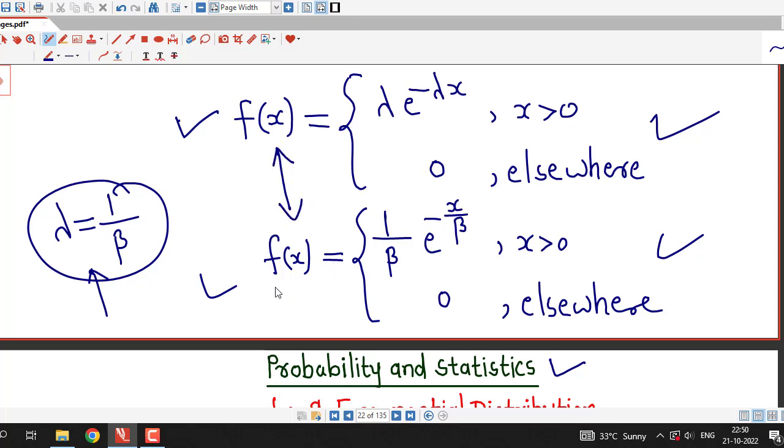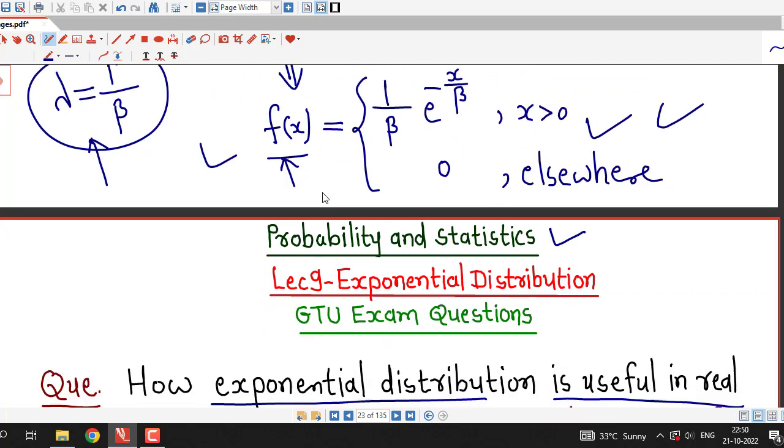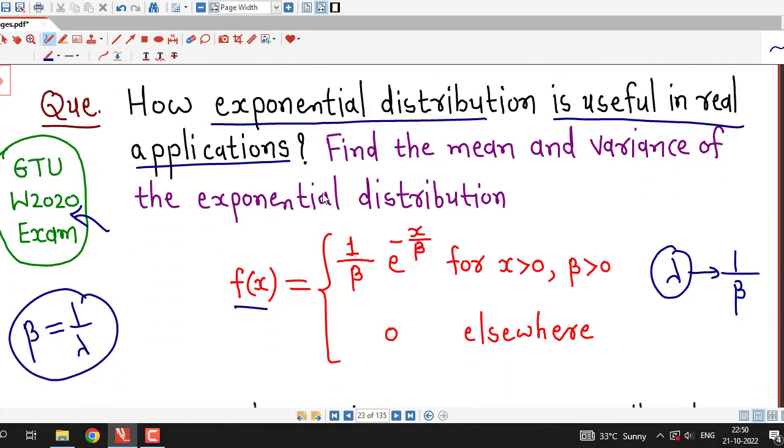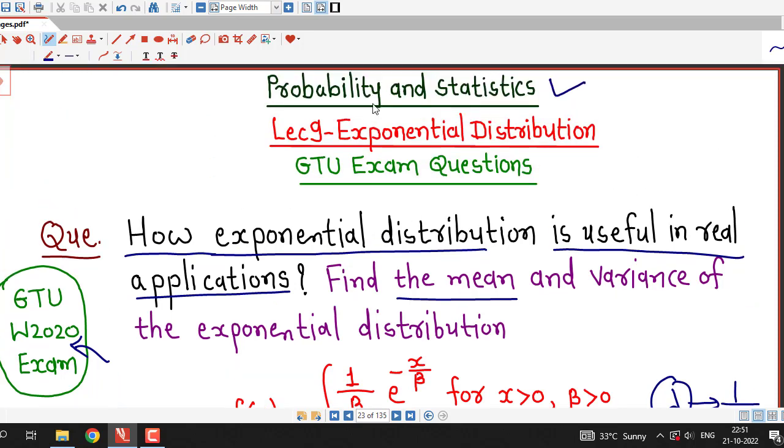Here we are given the PDF of exponential distribution in terms of parameter beta, and we have understood that if we consider lambda equal to 1 over beta, we obtain this PDF, and both are equivalent PDFs for exponential distribution. And we are asked to find the mean and variance of the exponential distribution whose PDF is given by this formula. Before that, we have to answer this question also: how exponential distribution is useful in real applications.